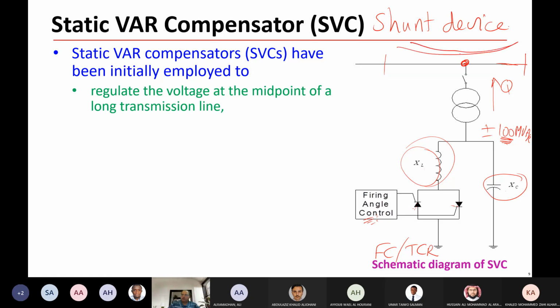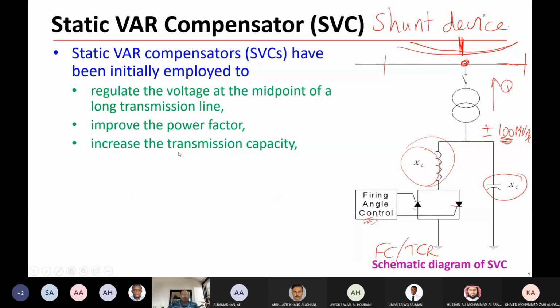So if you enhance it here, this would be great. Regulate the voltage, improve the power factor, and increase the transmission capacity by controlling the voltage, enhancing the transient stability, as you will see later on.